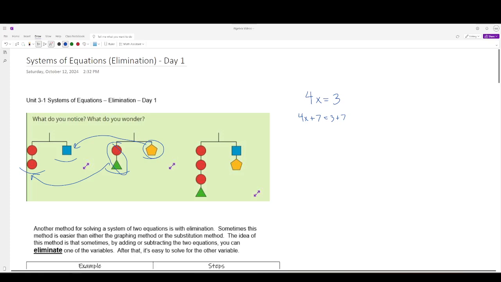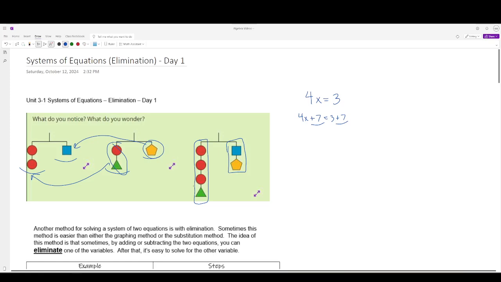Even though red, green, and yellow aren't as simple looking as plus 7, it's the same idea. I'm adding something to each side that is equal. So now red, red, red, green is still equal to blue, yellow, because the amount I added to each side had the same total weight.